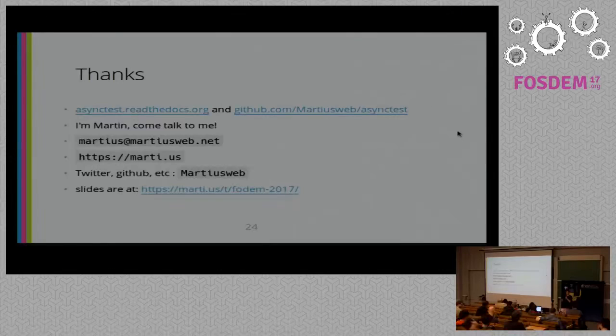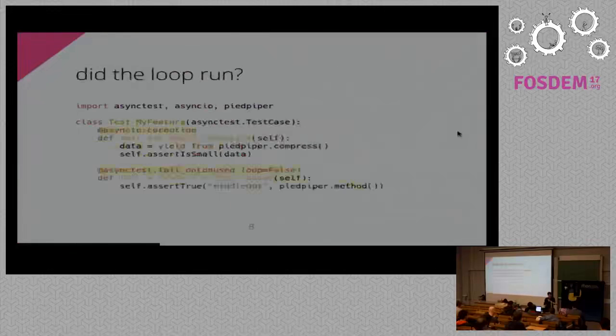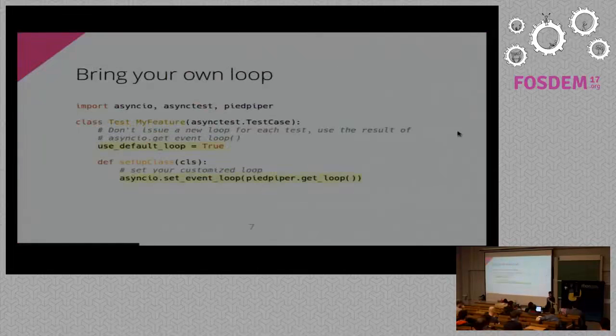So you can speed up by using the same loop, but most of the time when you write tests, you don't want tests that are that fast because it's not your main concern. You're more concerned by consistency and the actual work of your loop. But when you know that it's not going to have side effects, you can do it because there is a feature that allows you to do it.